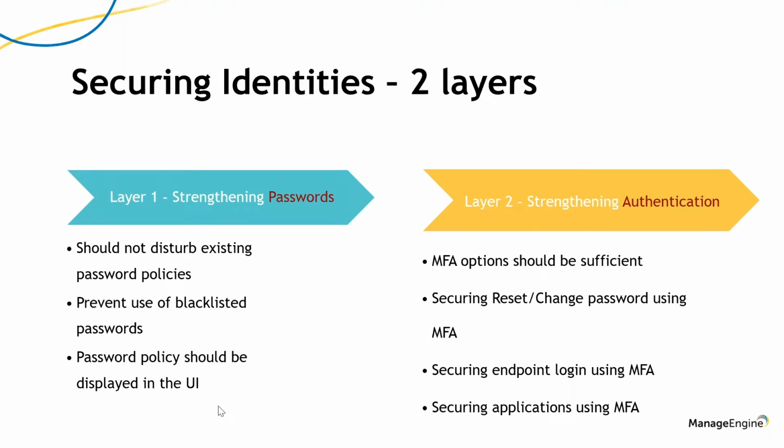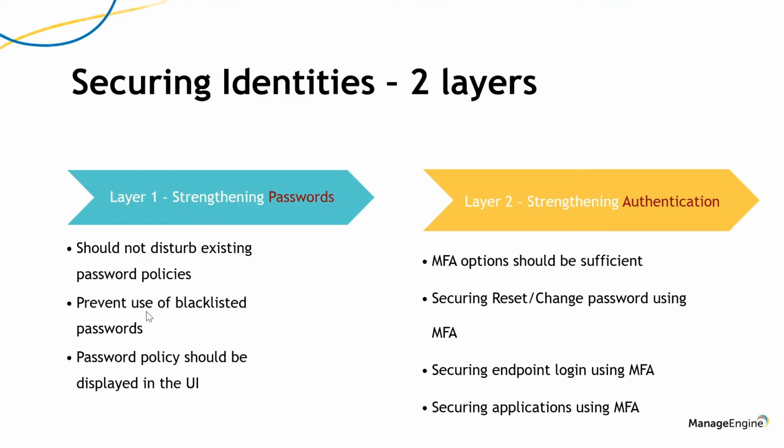Of course, people are talking about passwordless and all that, but the majority of us still use passwords for authentication. Now, that is layer one. Then comes layer two, which is your MFA and all that. But how do you strengthen layer one? Number one, any tool that you use should not disturb your existing password policies. It should sit on top of your existing policies and not complicate things. That's very important.